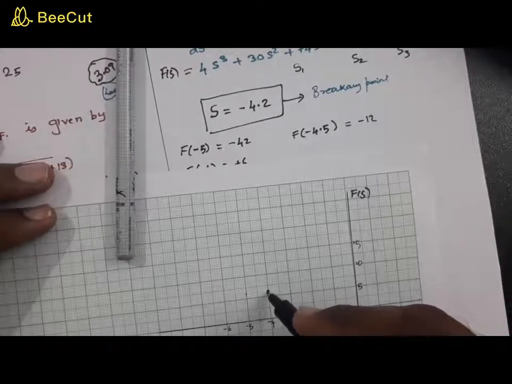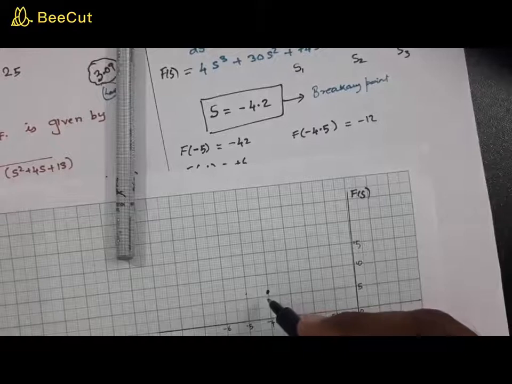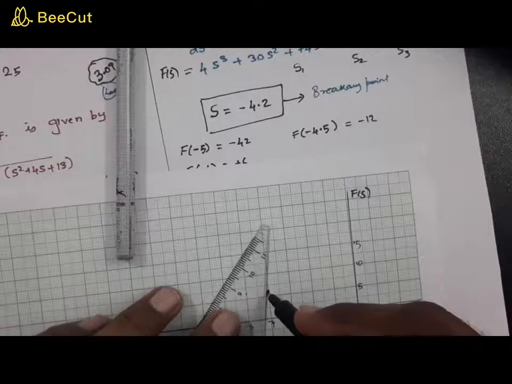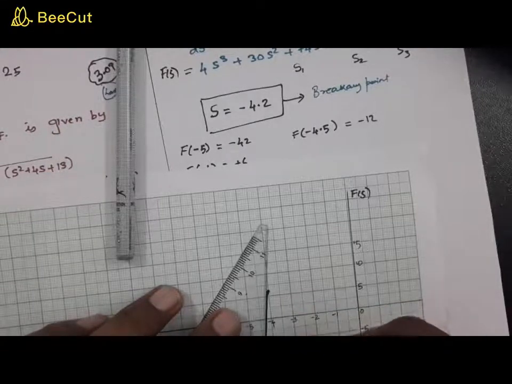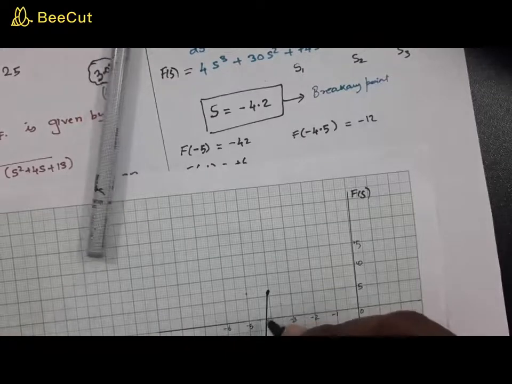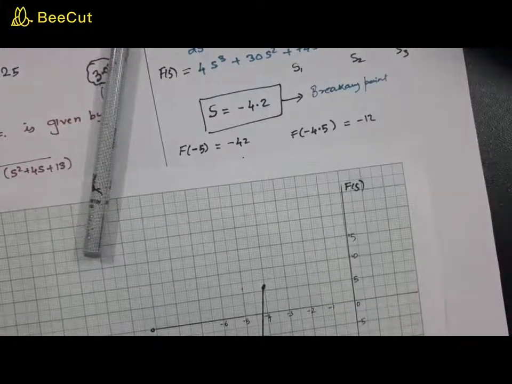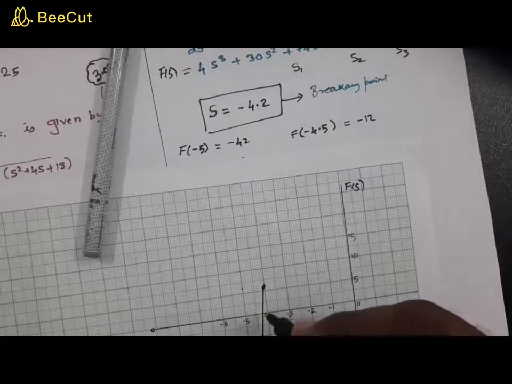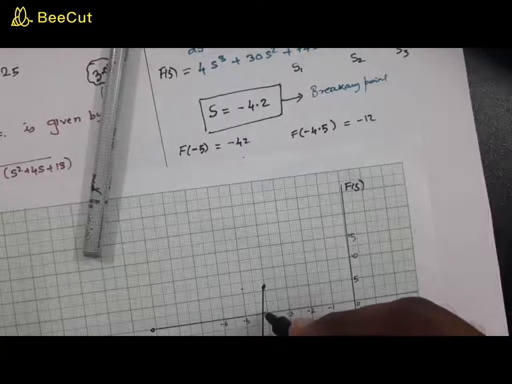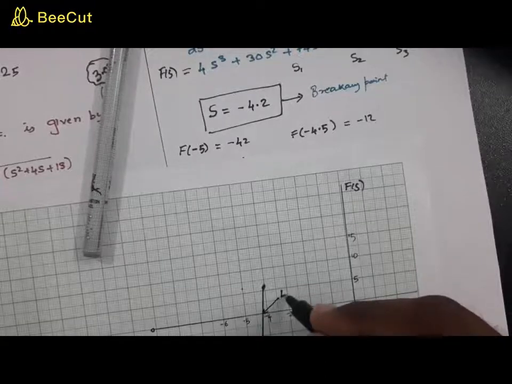Now if you join this, you can find the point which crosses the 0 axis. This is your 0 axis, right? Now you can find that to be -4.2. This is actually -4.2.